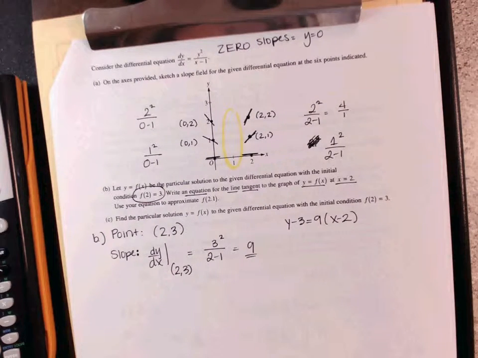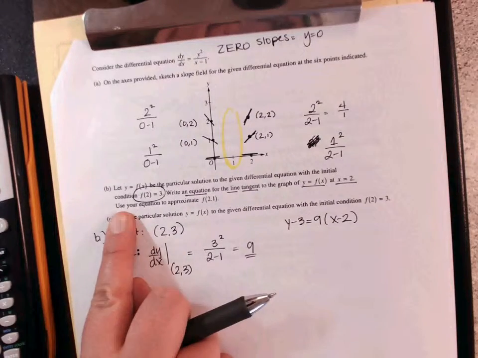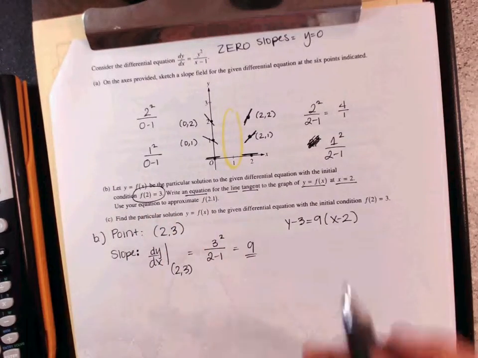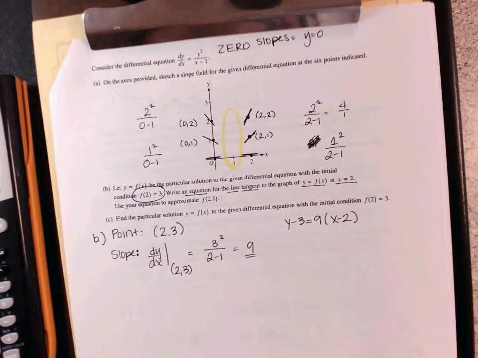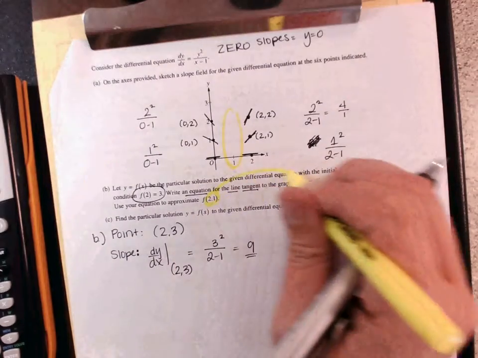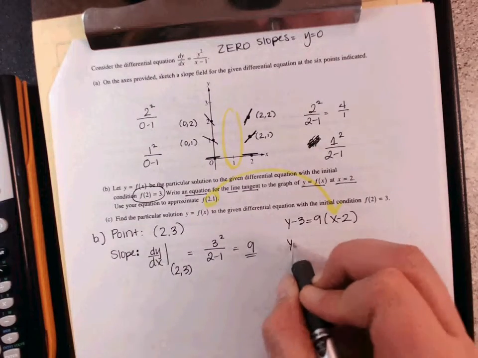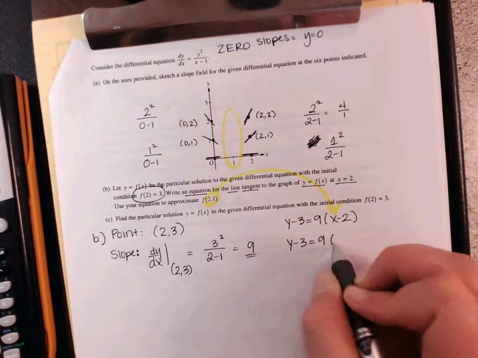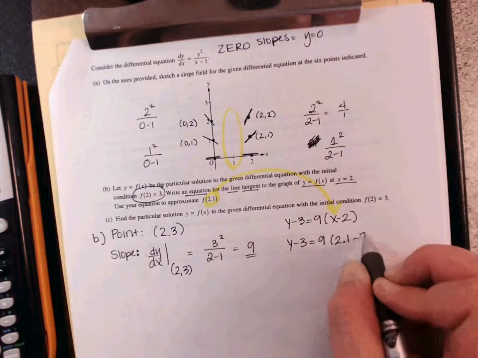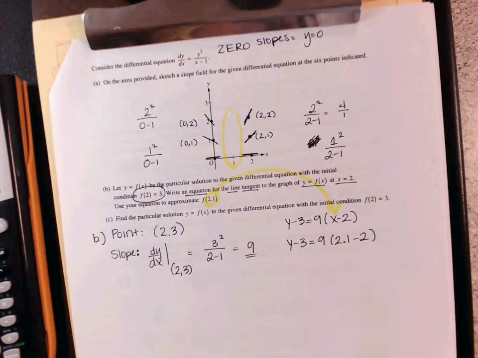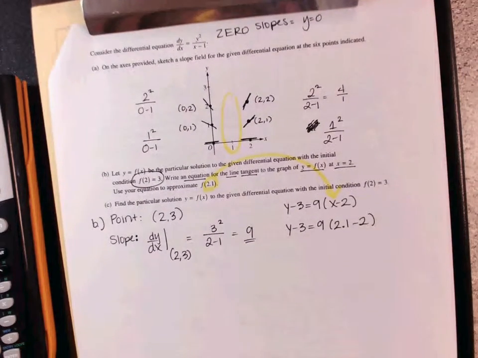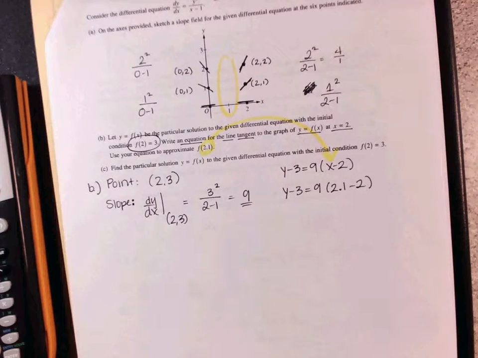So we wrote the equation, then it says to use the equation to approximate f of 2.1, and I'm taking that decimal and plugging it in. Then remember that if decimals aren't your thing, you really don't have to do much work with it. The only thing you have to do to solve is what? You have to get y by itself.